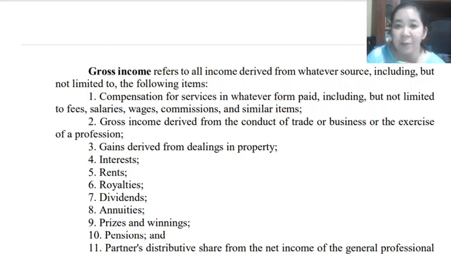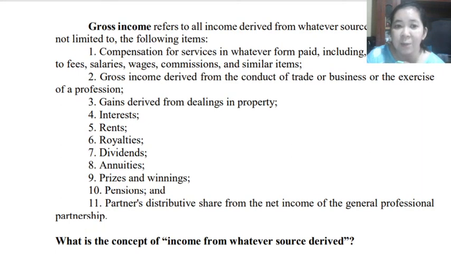Dividends, so if you are investing in a company or in a corporation, the dividends that the corporation is sharing with you, or giving you, that is also your income and subject to tax. So you also have your annuities, prizes and winnings, pension, partners' distributive share of net income.